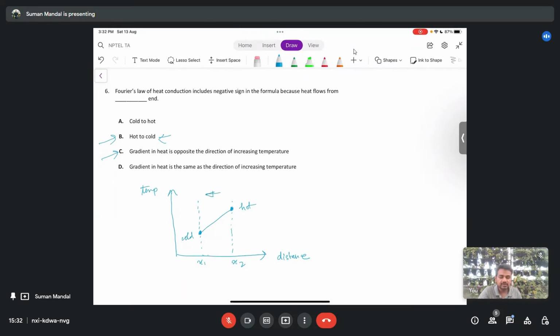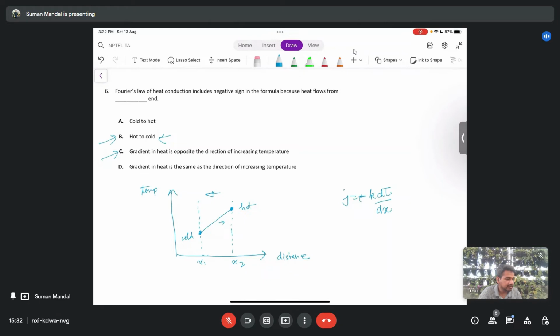Now if you take out the heat flux, J is equal to minus K dT by dx, you see that this dT by dx will give you a positive value, which means that the heat flows in this direction.